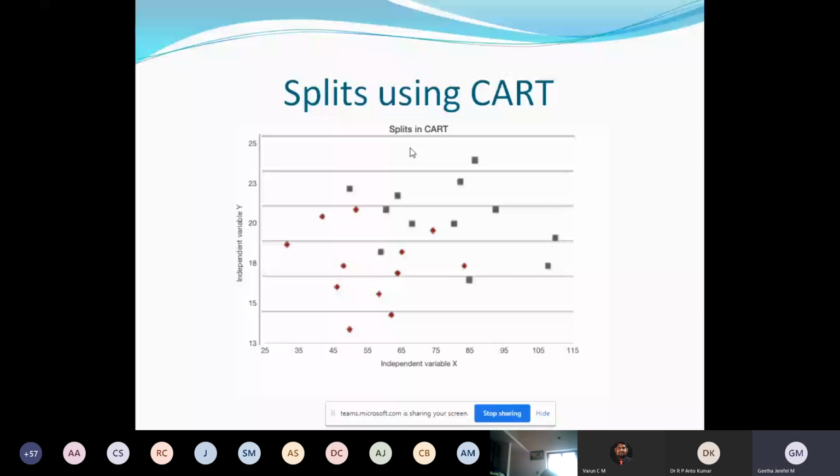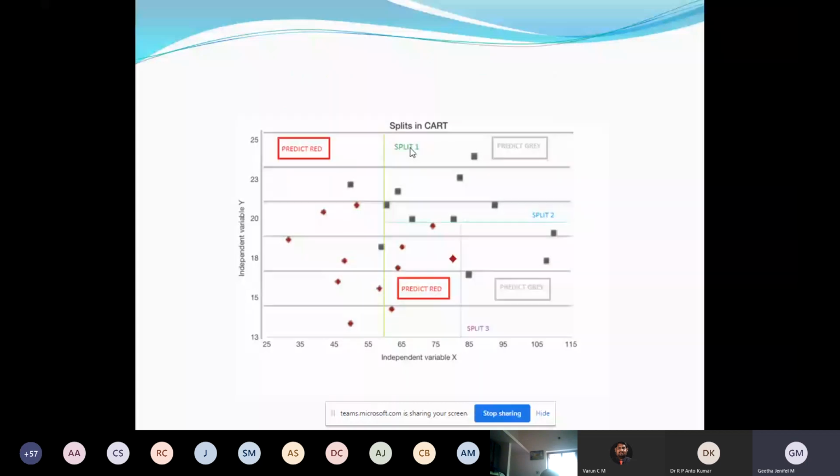Now, CART tries to split this data into many subsets. In the next slide, the CART makes 3 splits. The yellow, that is green color line, then this blue color line is the second split, and the purple color line shows the third split.